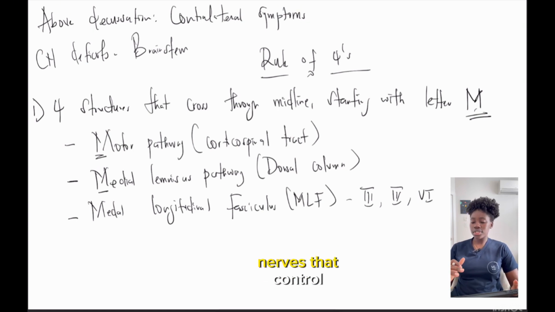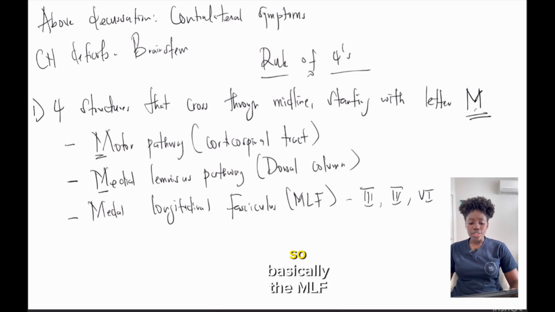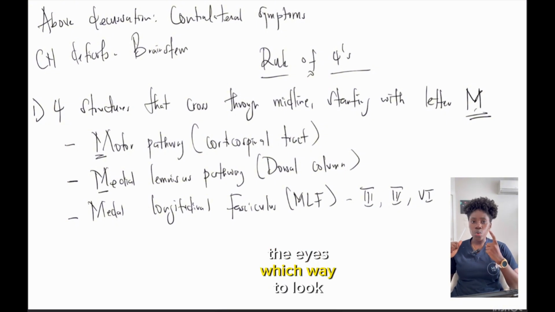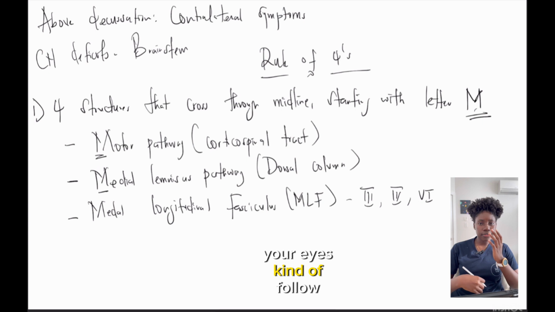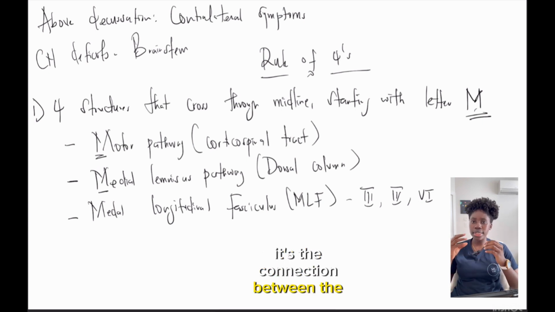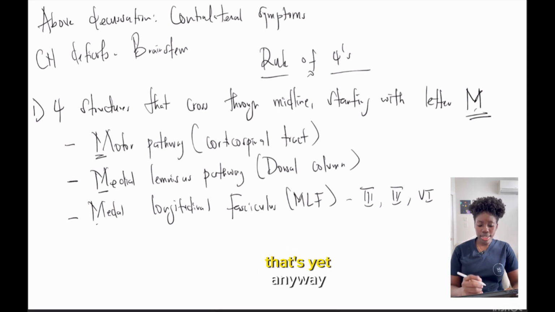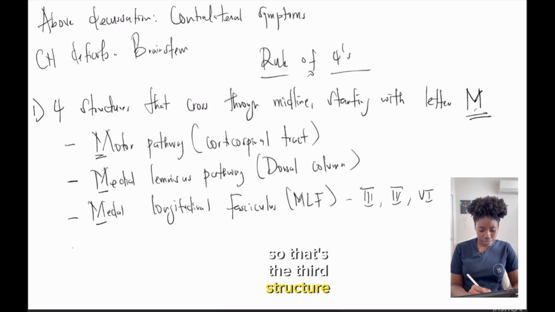These are the cranial nerves that control extraocular movements. So basically, the MLF integrates the eye movements and head movements. It's the MLF that tells the eyes which way to look when you turn your head. So if you turn your head this way, your eyes kind of follow through. It's the connection between the MLF and these nerves that do that. Anyway, so that's the third structure.